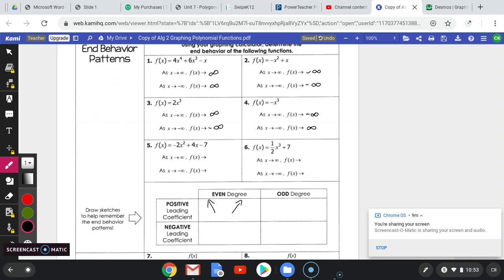But if I have an odd degree, the left side goes down and the right side goes up. Well, what happens if it's negative? Well, just think of the word negative as the word opposite. The opposite occurs here. For an even degree, both sides go down. For an odd degree, the left side goes up and the right side goes down.